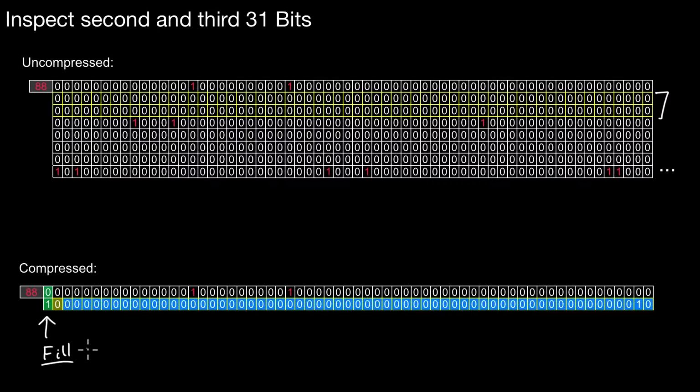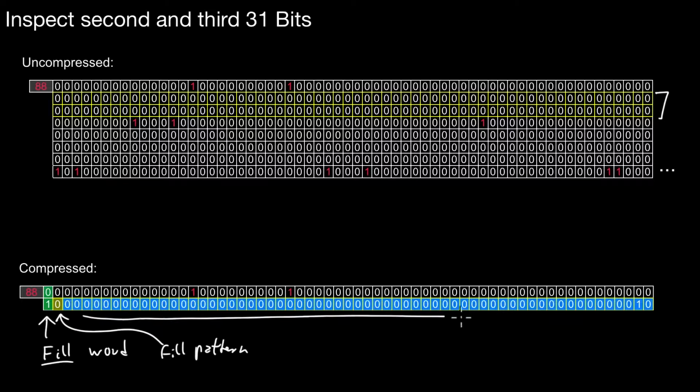This is a fill word, and here the following 31 bits have a different meaning. This part here is a pattern that follows. So in other words, this is a fill pattern to use. The blue number is the number of repetitions, all of the blue stuff. So there's a lot of room for repetitions.